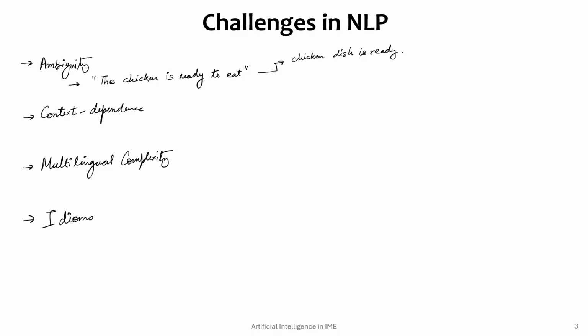Or the second meaning of this sentence could be that the chicken is actually hungry, and is now ready to eat its meal, right. This kind of ambiguity in a simple sentence can be very challenging to address while developing your own natural language processing model, right.